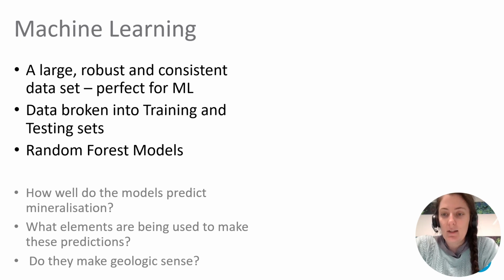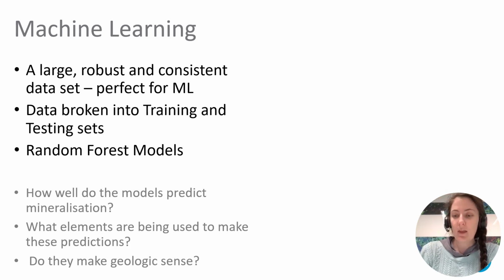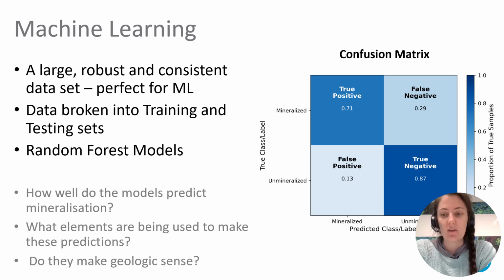So we ended up using random forest models, and the best way to visualize whether or not these models are working is to compare the true classification, which is on the y-axis, with the predicted classification, which is on the x-axis.